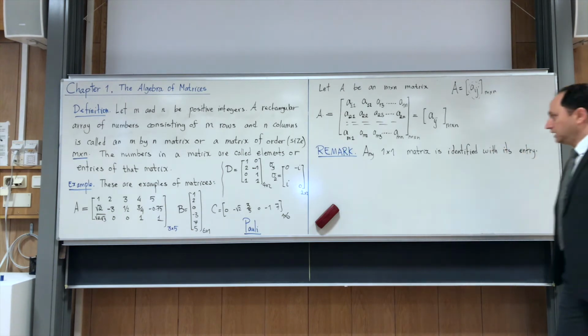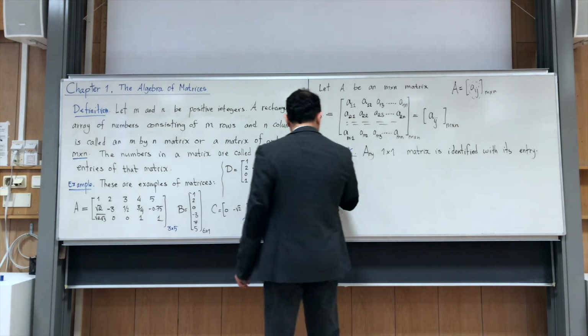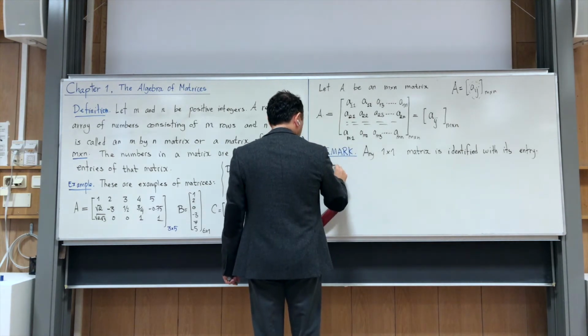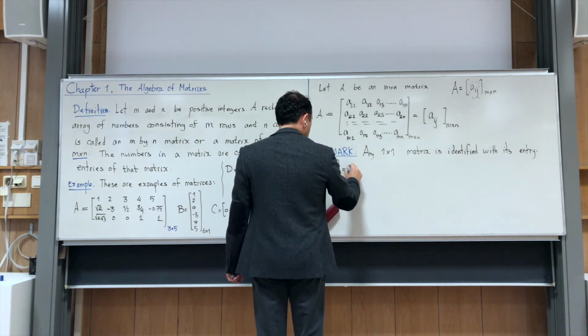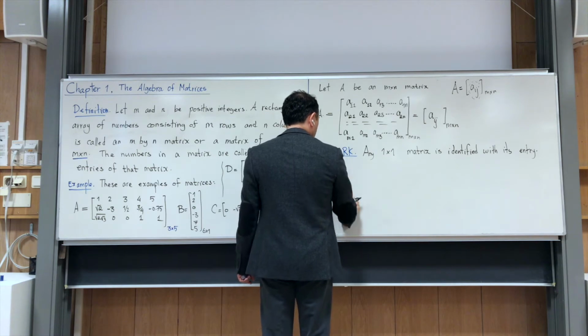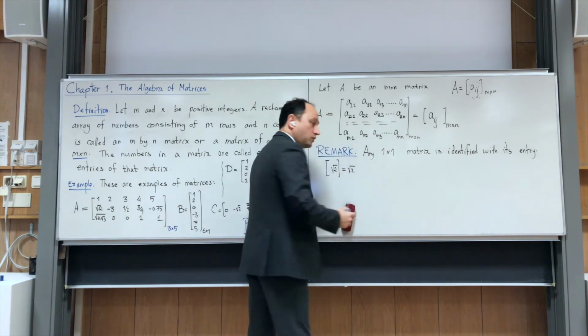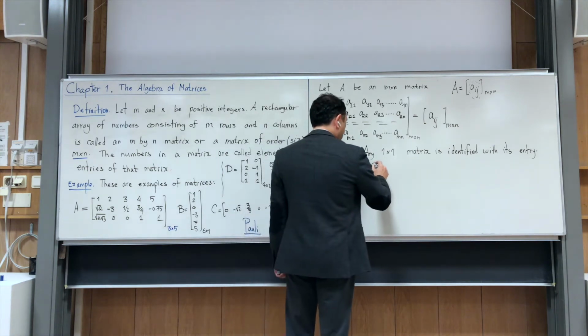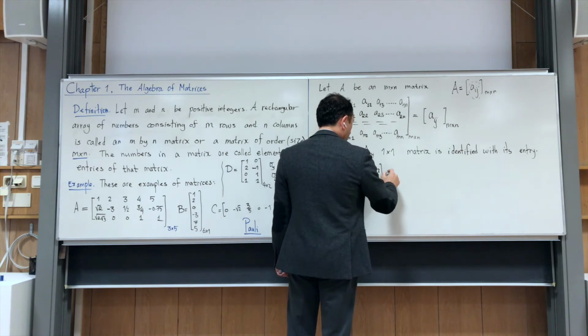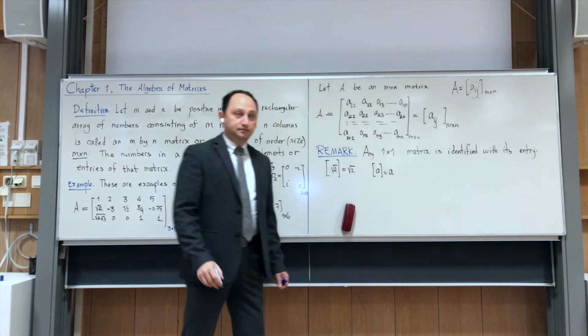So what does it mean? It means that if you see a matrix containing, for example, the square root of 2, you can just identify it with the square root of 2. So in general, if you have a matrix A, you can identify this with A itself.